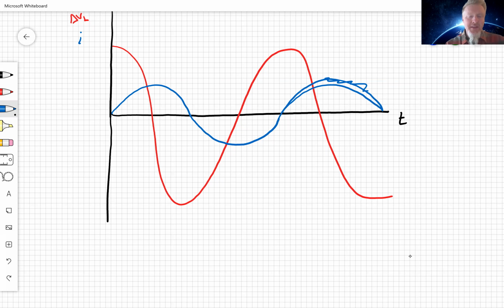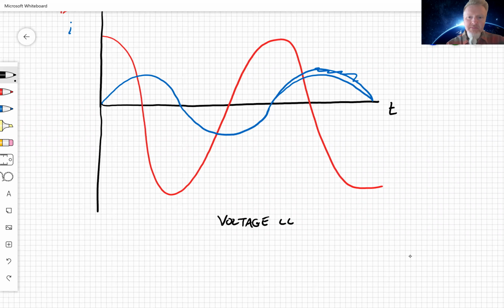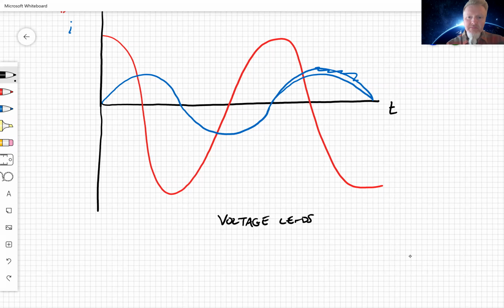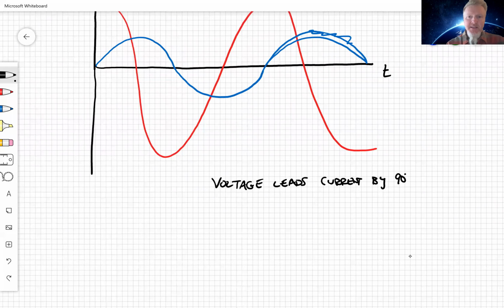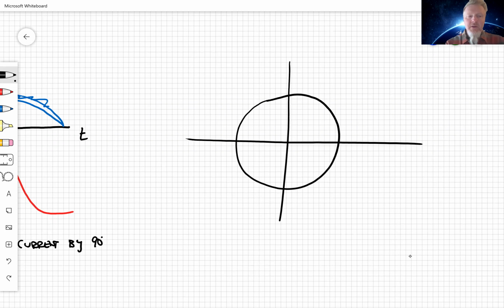Point being here that the voltage is leading the current, okay? The voltage leads the current by 90 degrees in this case, so our phasor diagram for this one would look something like, okay, here's my voltage, like that.